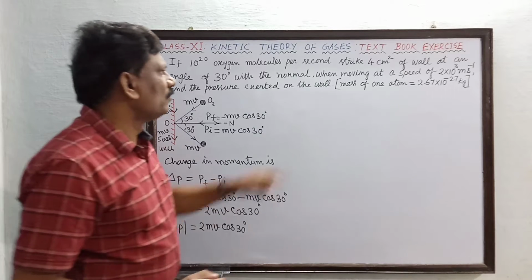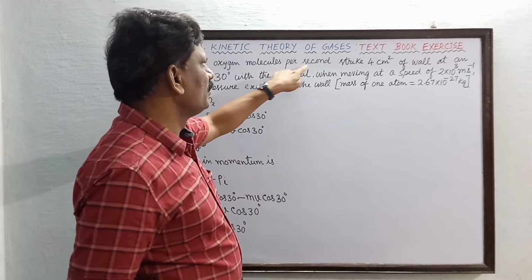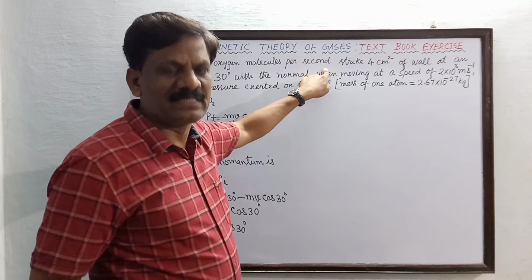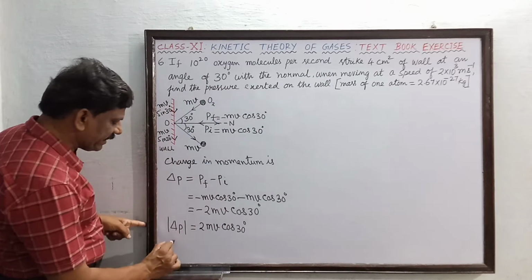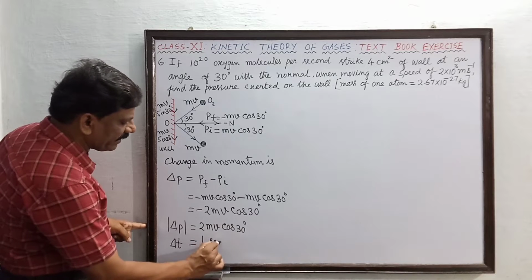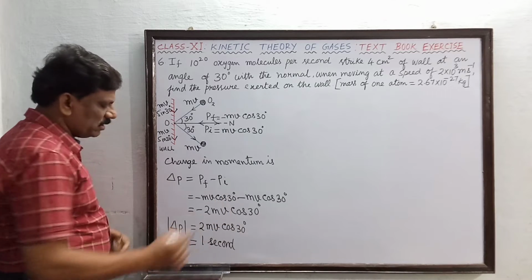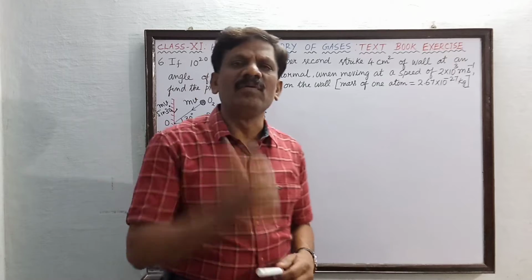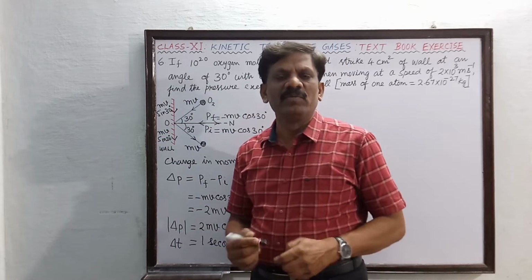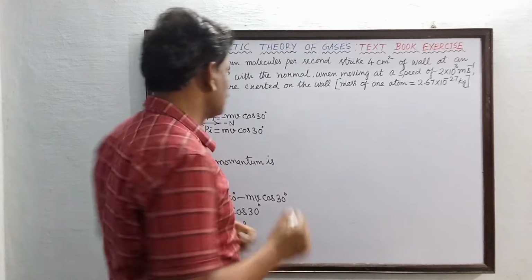Okay, now what is given? The oxygen molecules per second are striking the wall. Per second means delta T is equal to 1 second. So this change in momentum divided by the time taken will give you the rate of change of momentum. Understand?